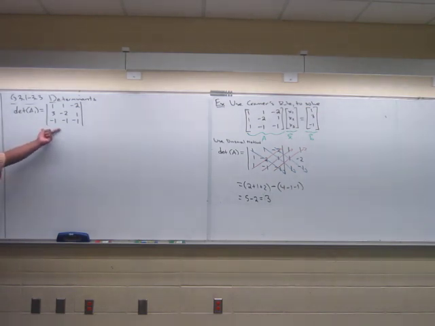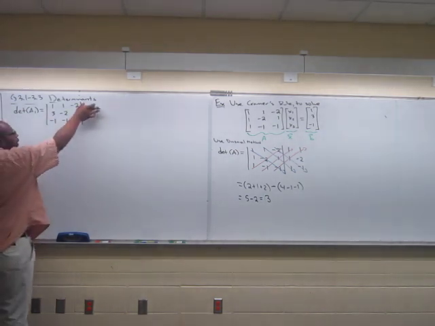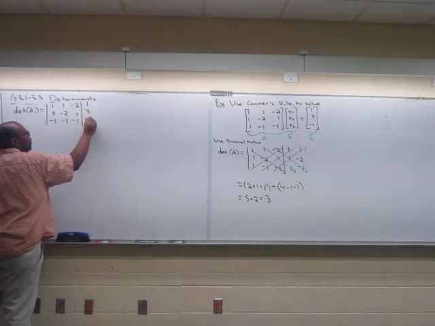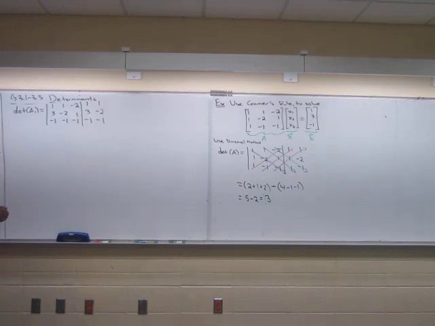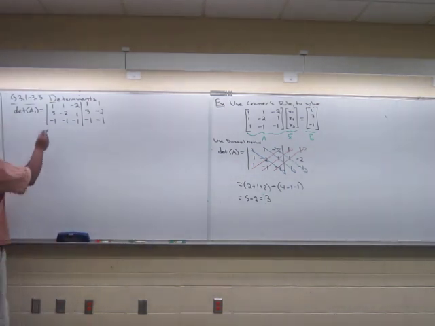I could use the cofactor method, but I'm going to use the diagonal method. So I need to repeat the first two columns again to the right. Create diagonals.